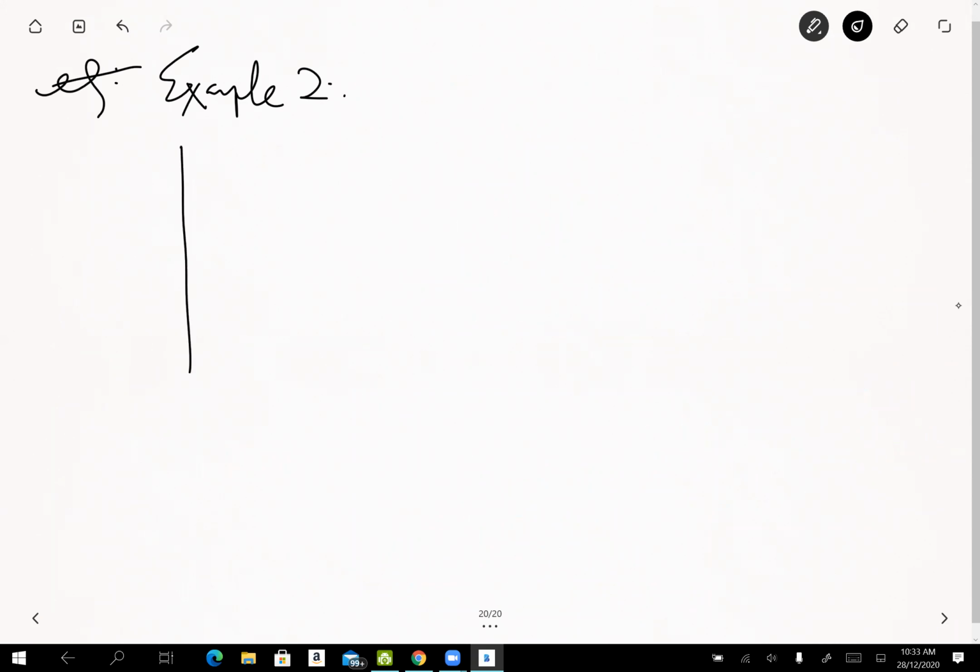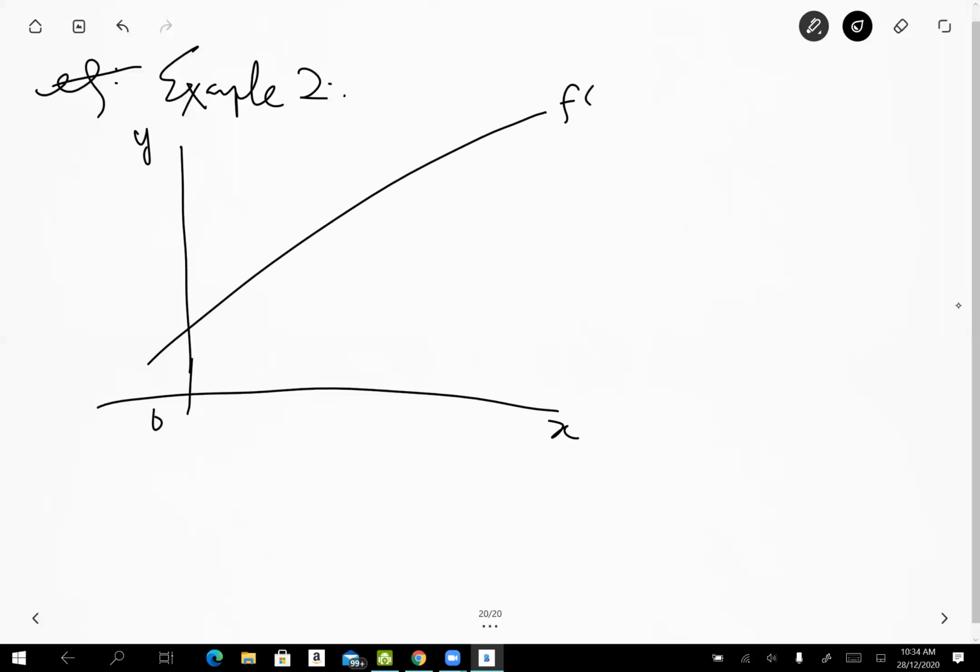Now I'll give you a second example. Second example is, of course, example number 2. Let's say we have another situation. Let's say I have something like this. I got x here, 0, y. This is f of x.